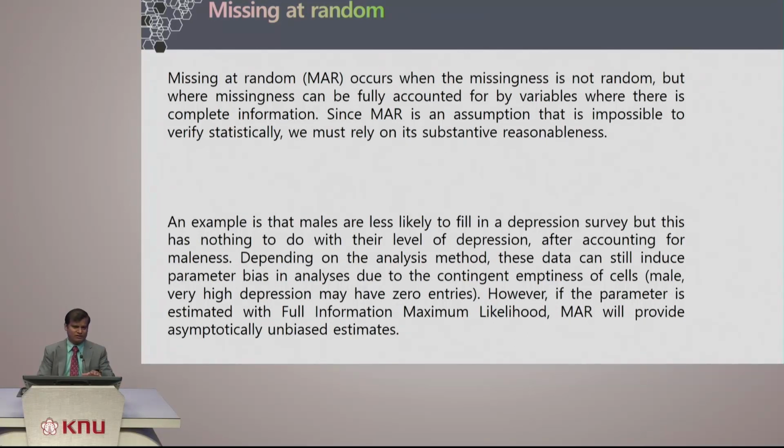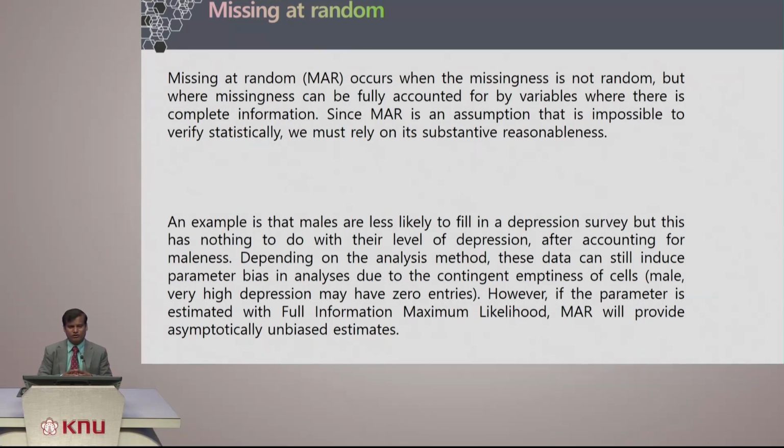An example is that males are less likely to fill in a depression survey, but this has nothing to do with their level of depression. After accounting for maleness, depending on the analysis methods, these data can still induce parameter bias in analysis due to the contingent emptiness of cells.